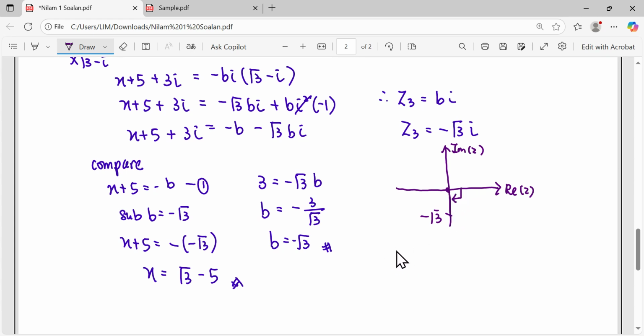So obviously, the argument for Z3 is 90 degrees. But in argument, we don't use degree. We use radian. So 180 is pi, so 90 degrees is pi over 2. In the opposite direction from quadrant 4, it is negative pi over 2 radian.